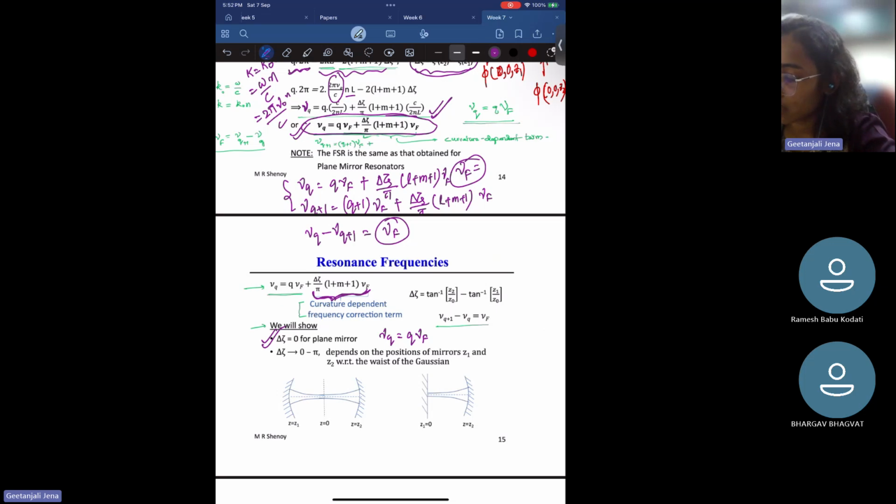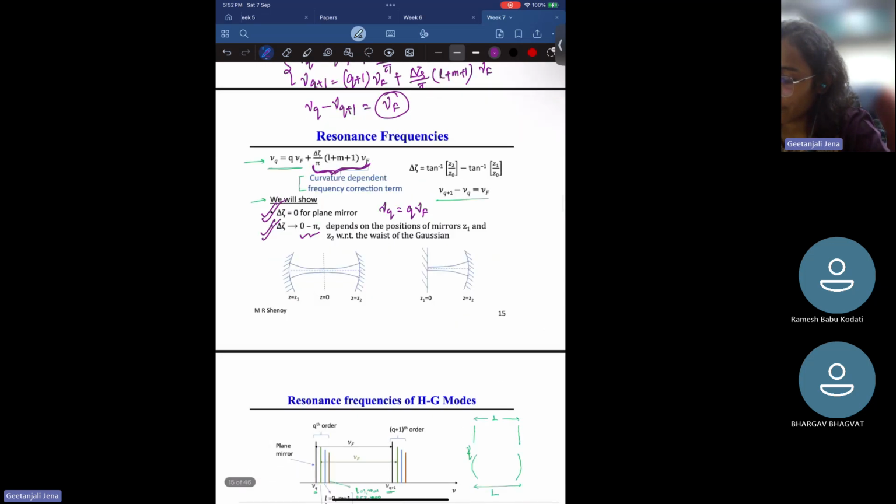And for a spherical mirror resonator, this Δζ lies between 0 and π. It depends on the position of the mirrors, Z1 and Z2, with respect to Z0. So for a spherical mirror, there is a correction term here.